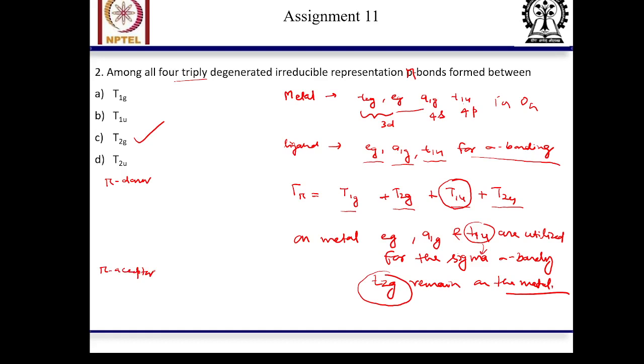Now if I ask a subsequent question, which one will be the stronger field ligand, pi acceptor or pi donor? What will be your answer?